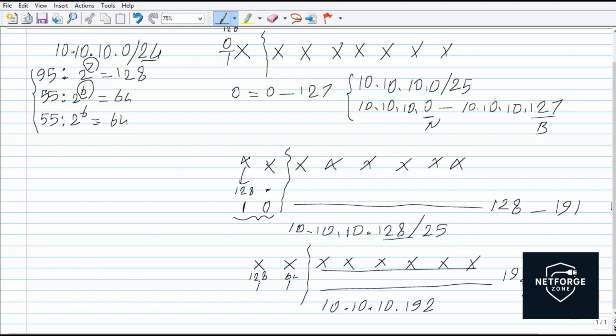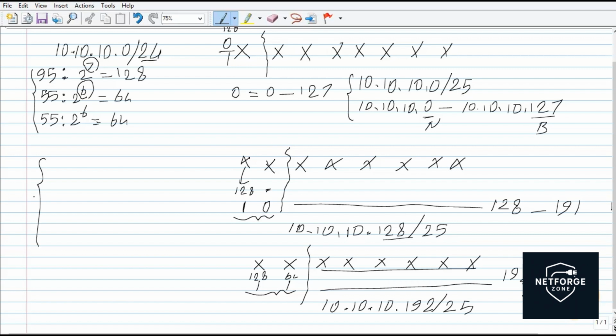That's because we have 2 bits masked here, so the values are going to be 128 plus 64. So it is 192. The starting IP address is going to be 192. The end IP address is going to be 255. And the useful part of this range is 193 to 254. So these are the portions that I have here.